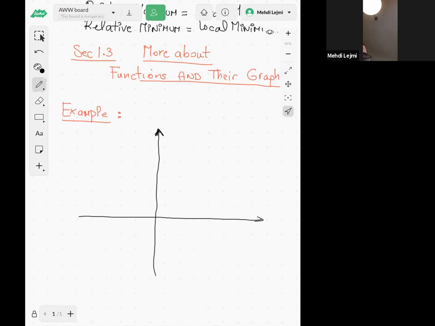So let's say I have here -2, -1, 0, 1, 2, and let's say here's pi. And then we have something which looks like this right here.